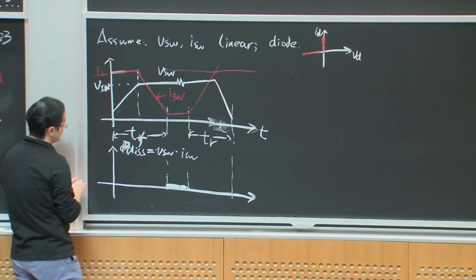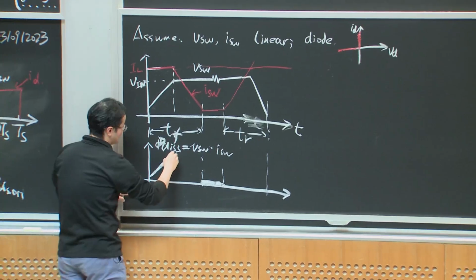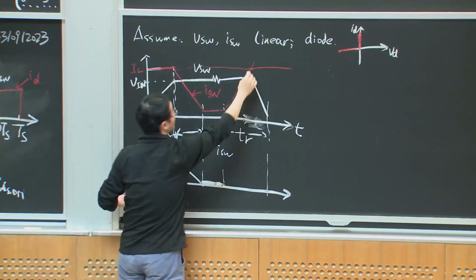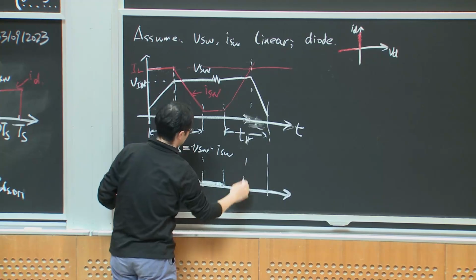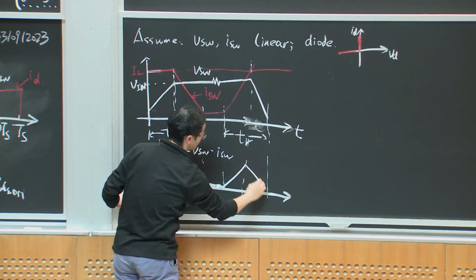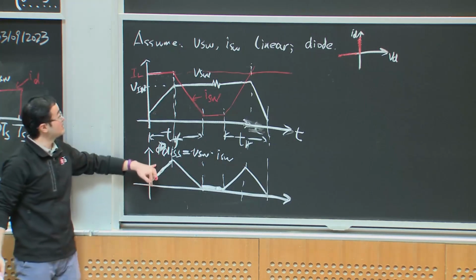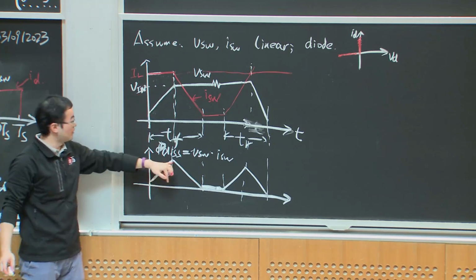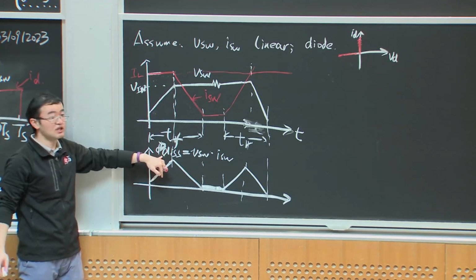And during the turn off, the loss will be a triangle. Similarly for T_r, for the turn on, it will also be a triangle. It is simply the switch voltage times the switch current.